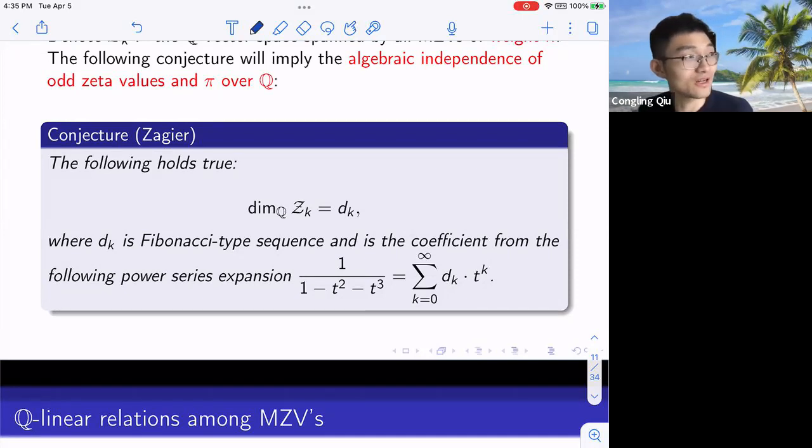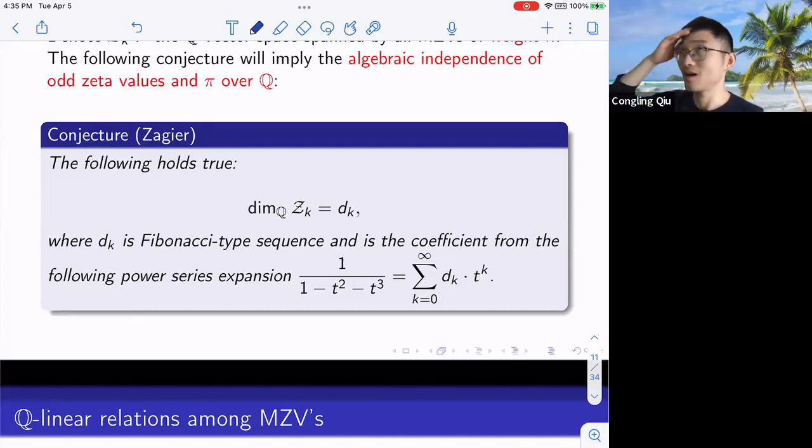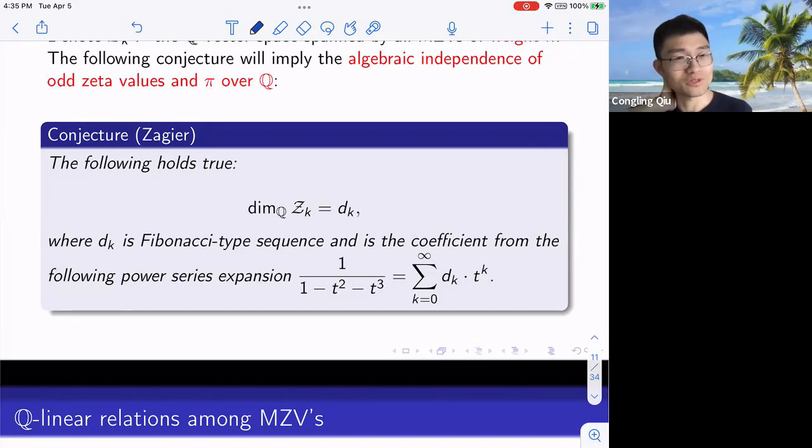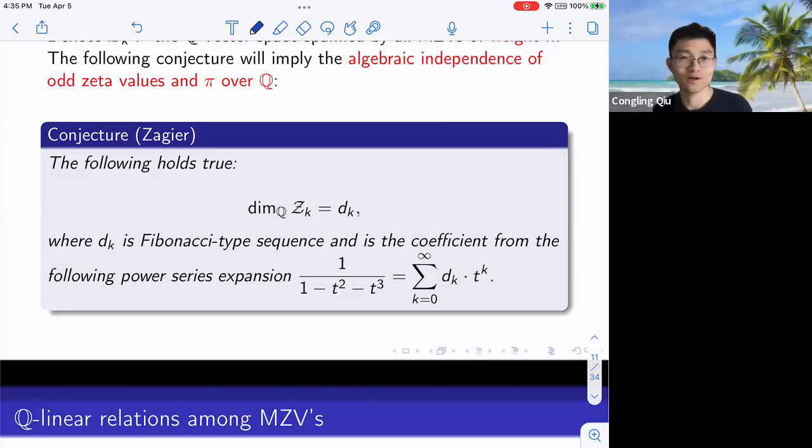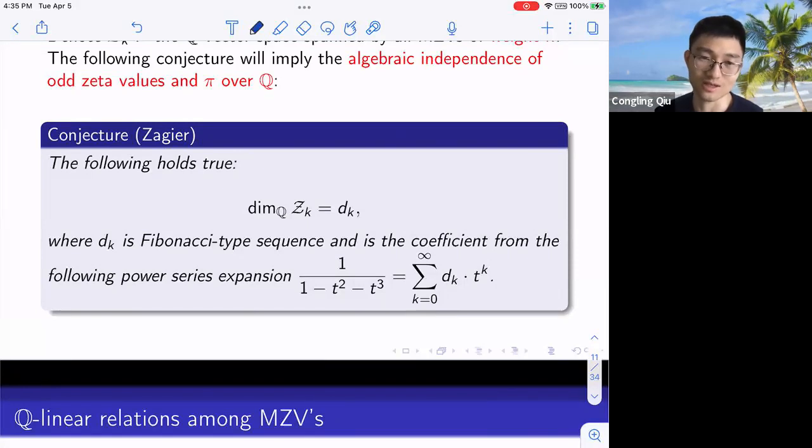When I was, probably four or five years ago, I heard Goldfeld talk about multiple Dirichlet series, and they had this kind of Weyl group action. Yeah, I think they had some result on this.